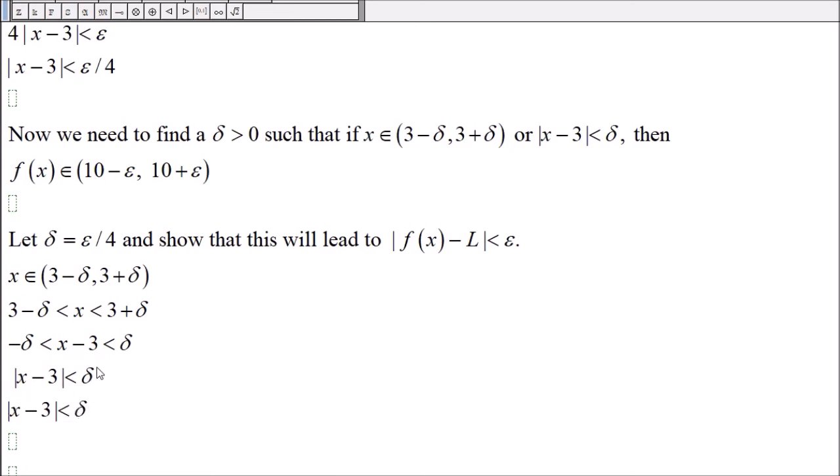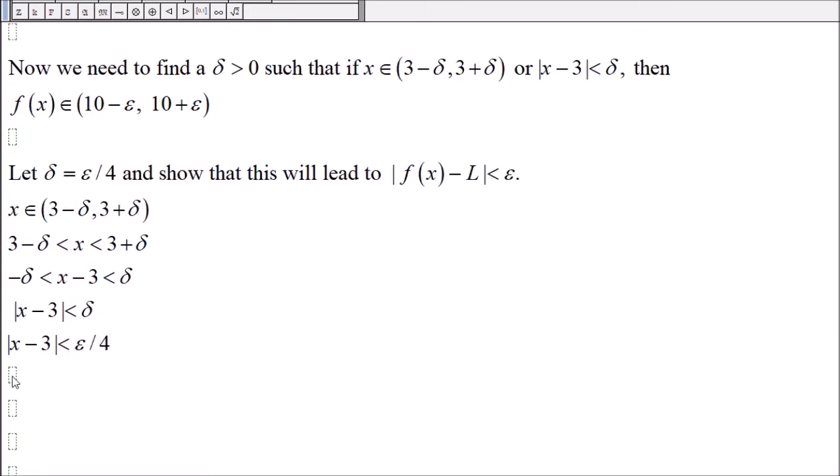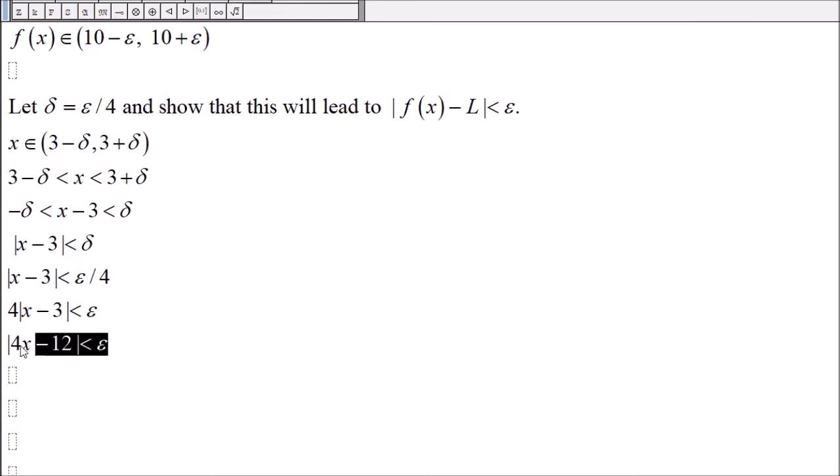But we have chosen delta to be epsilon over 4. And now multiply both sides by 4, and then we'll get 4x minus 12. And then we can rewrite this as 4x minus 2 minus 10.